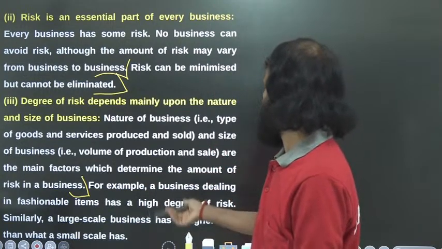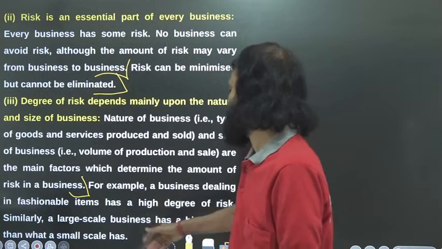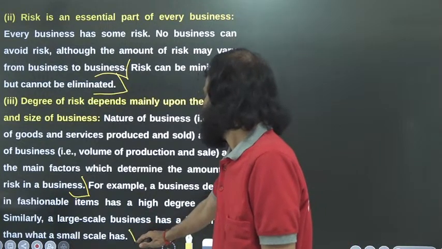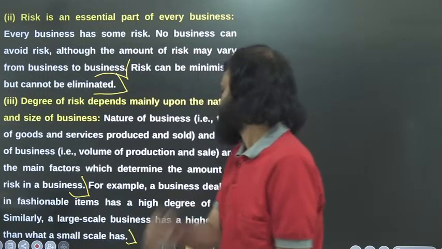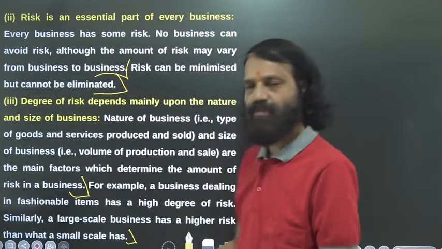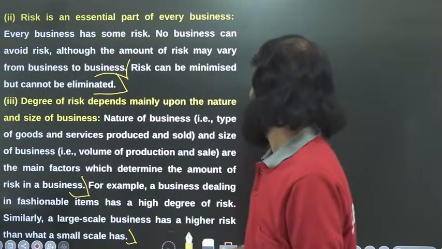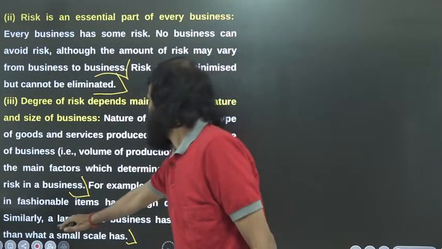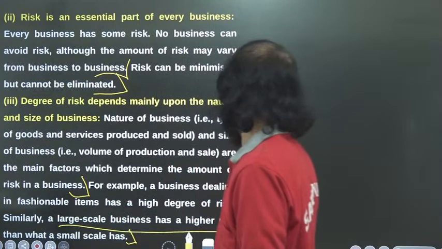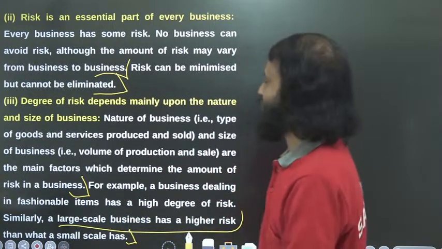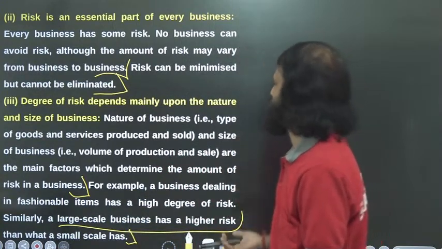Similarly, a large scale business has a higher risk, whereas a small scale business has very little risk. But a large scale business organization always needs to take a higher risk. So here we were studying about risk.